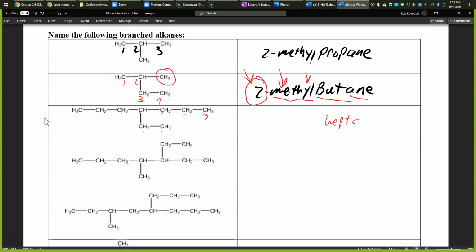It's all single bonds, so that's a heptane. There's a side chain on this that's 2 carbons long. So that's an ethyl side chain. And where is it? 1, 2, 3. It doesn't matter what side I count from, I end up at carbon number 4. So 4-ethyl heptane. Okay, how about this next one?